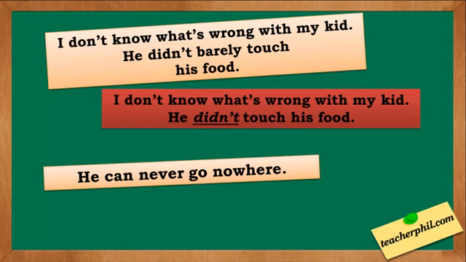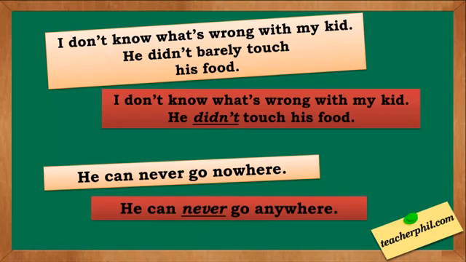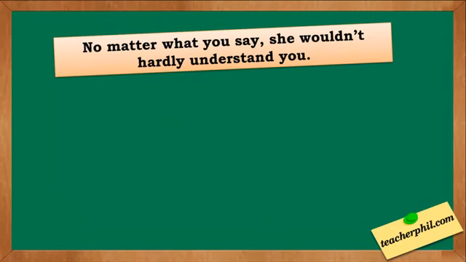Number 3. He can never go nowhere. The correct answer is, he can never go anywhere. The two negatives here are never and nowhere. Number 4. No matter what you say, she wouldn't hardly understand you.